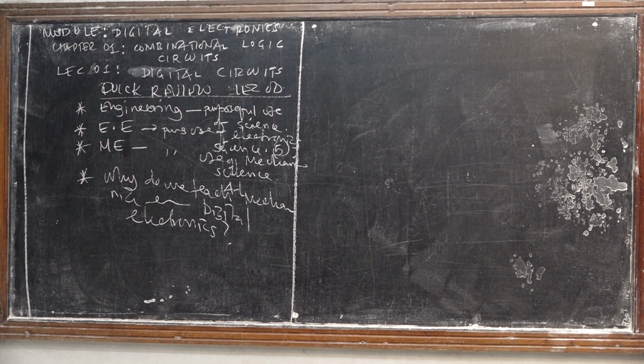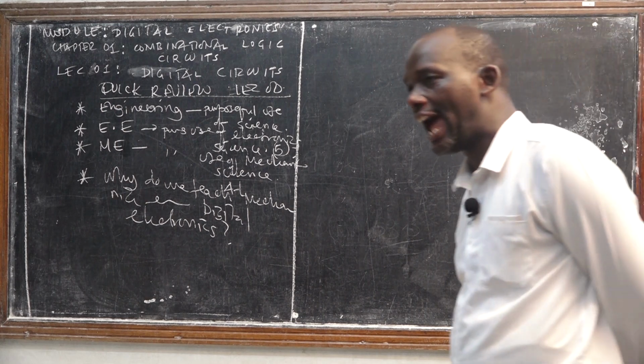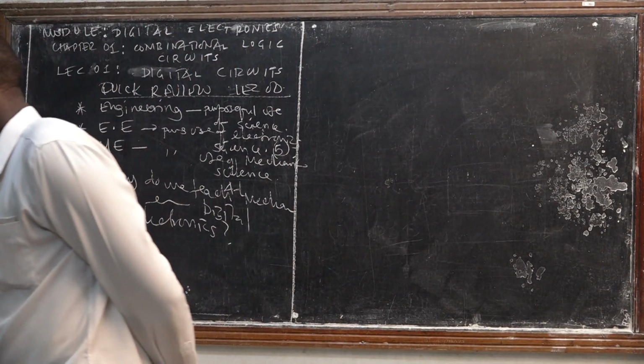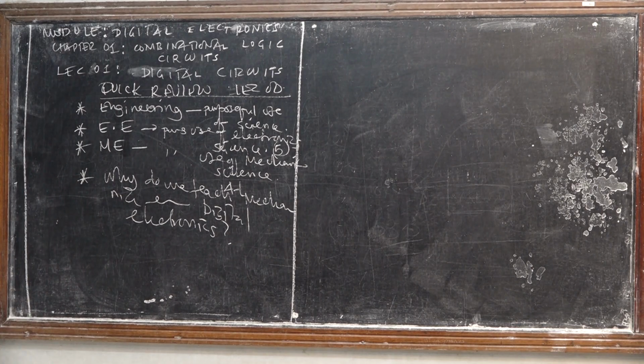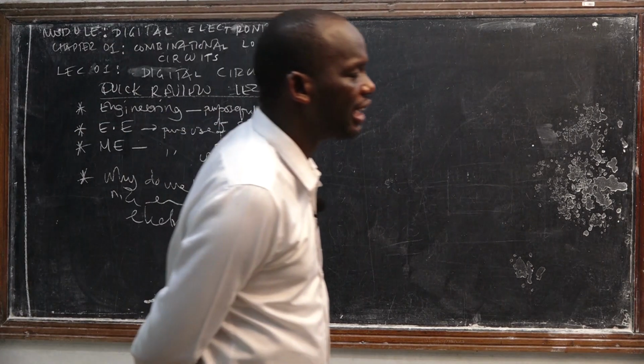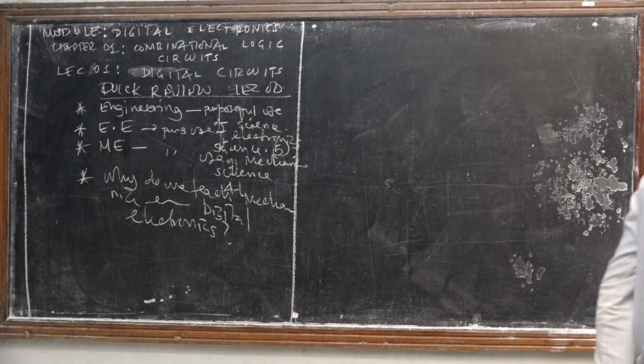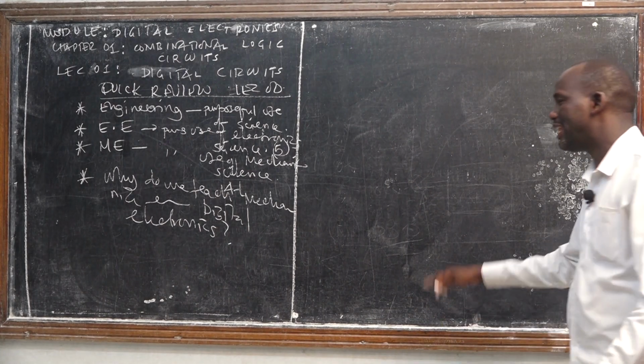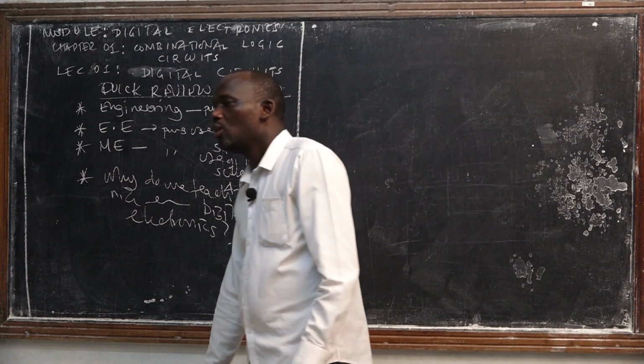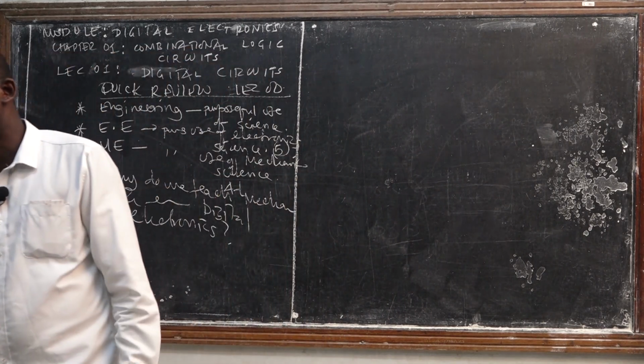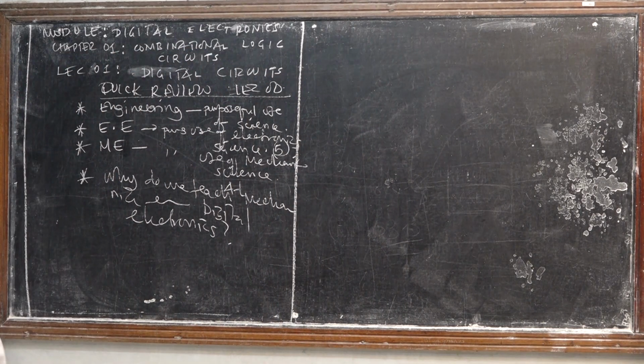And I gave you a simple example of mechanical motor vehicles, which we have. We say mechanical because the large part is mechanical. For instance, we have cars with manual gears and cars with automatic gears, right?